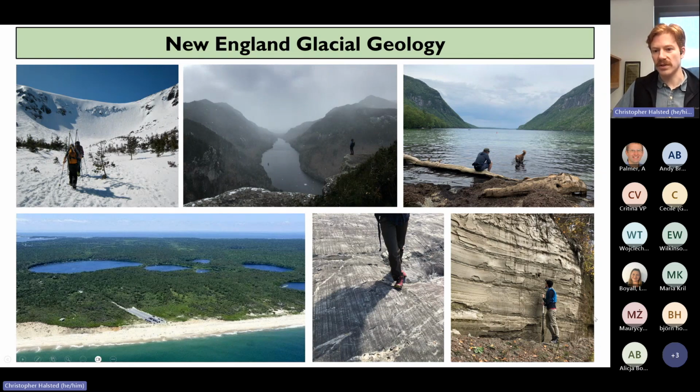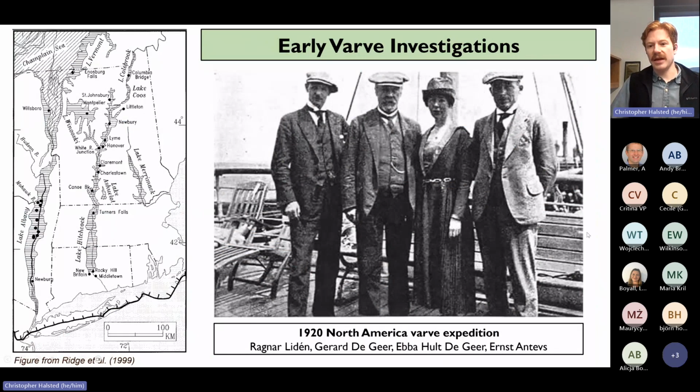And then, of course, we've got extensive glacial lacustrine sediment deposits in the low-lying valleys of the region. And a lot of these deposits have Varve features within them. So this kind of observation in the early days of European settlement in the area led to the formation of the hypothesis that there used to be glacial lakes in this area.